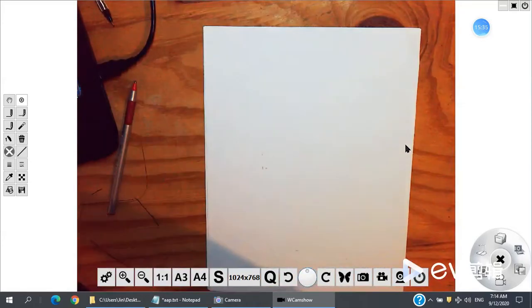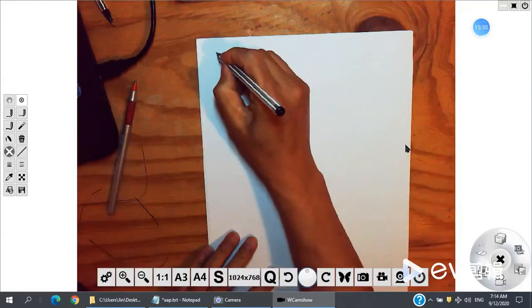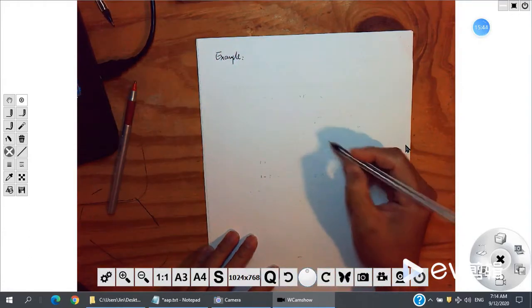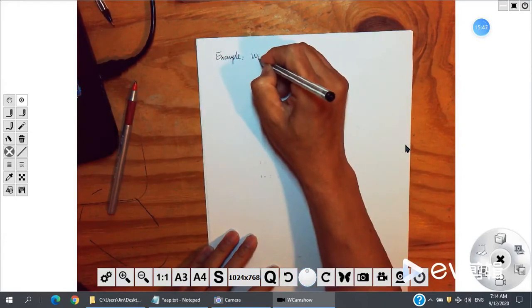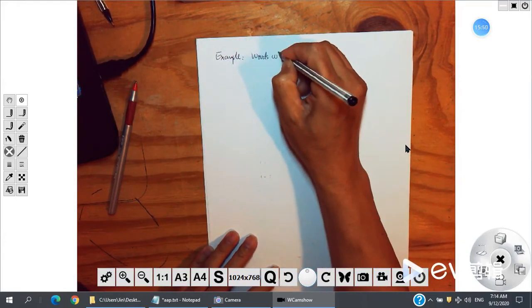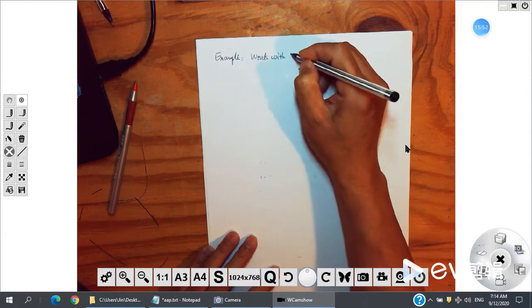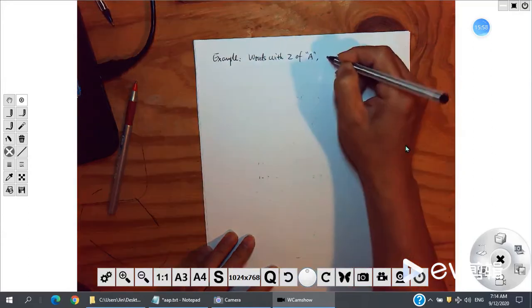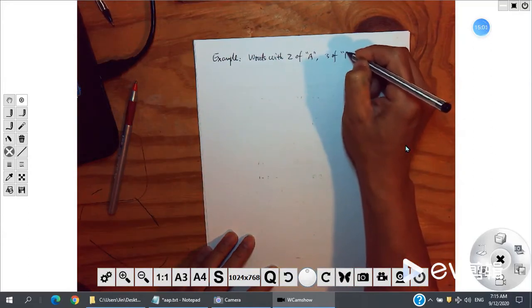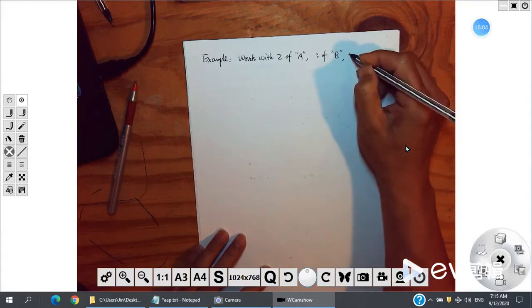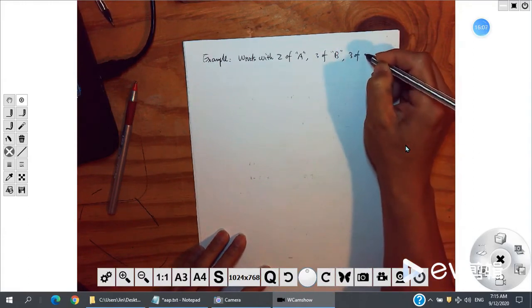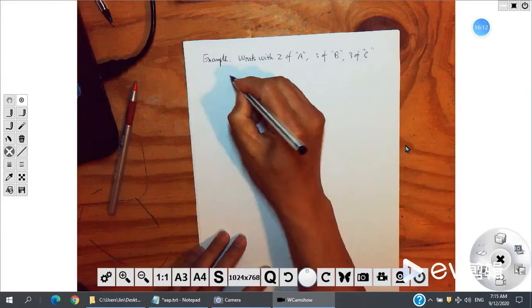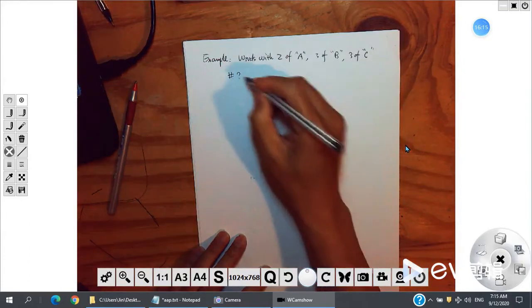Now we can consider an example. Suppose we consider words with 2 of A, 3 of B, and 3 of C. How many words are there? Total amount is what?